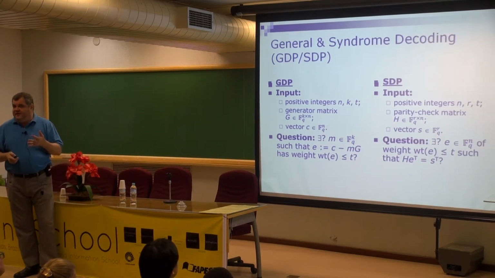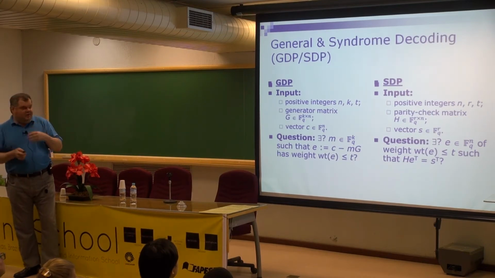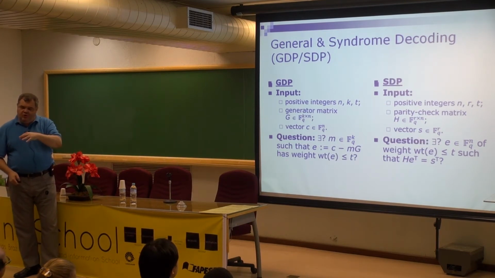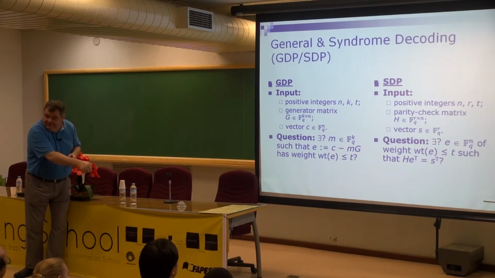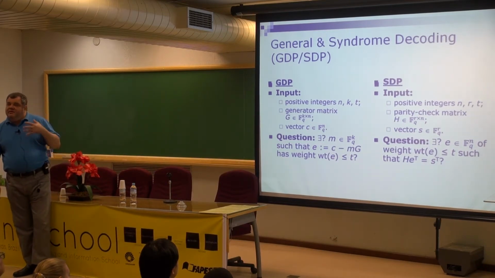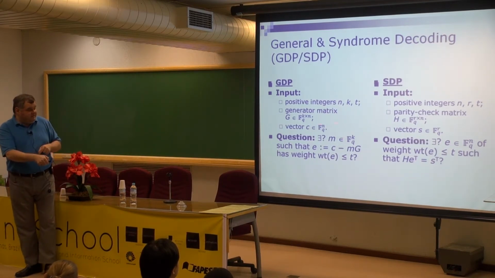The question we have to answer is: is there any linear combination of G, any proper code word, whose distance to the given vector C, essentially the difference, is upper bounded by T? The two problems are equivalent because we can simply map one of them to the other and vice versa.